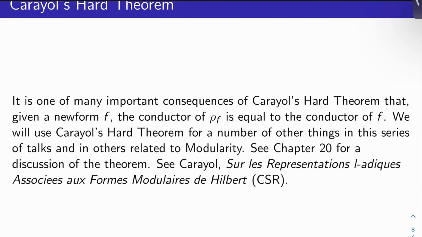So we will use Carayol's hard theorem for a number of other things in this series of talks. And in other talks related to modularity and Fermat's last theorem, I'll give a very brief overview of chapter 20 of Carayol's hard theorem, although it's one of the things about Fermat's last theorem I understand the least about, to be honest, because it's just very difficult. Carayol's paper, I have given the title here if you want to go try to read that very daunting, very long, like 60-page paper in French yourself.